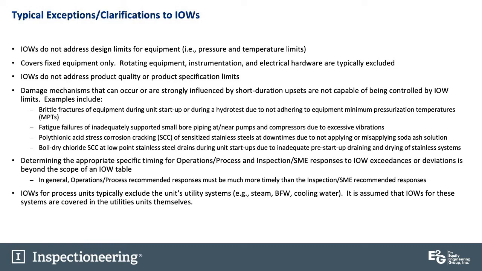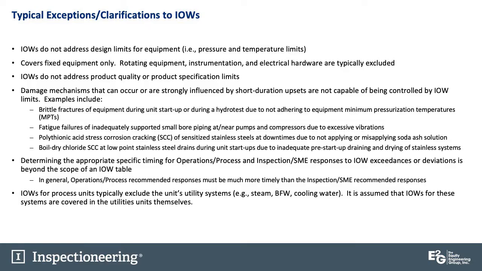And if you boil dry that chloride containing water in a stainless piping system, you're very likely to crack it. So those kinds of cracking problems need to be covered by operational procedures that need to be handled well during turnarounds. There's really not much of a place for IOWs in preventing those kinds of instances. So IOWs can't cover all forms of failure and damage prevention in refineries, but they can cover quite a few of them, the bulk of them.